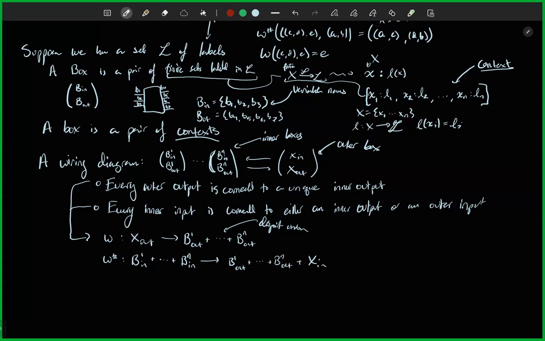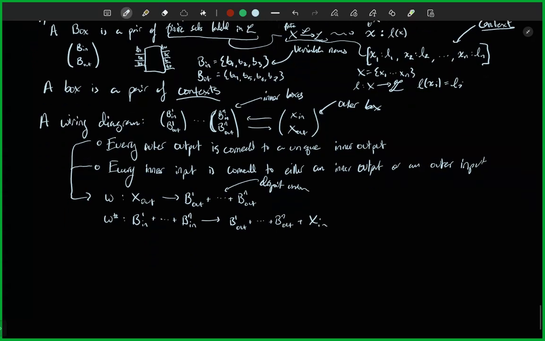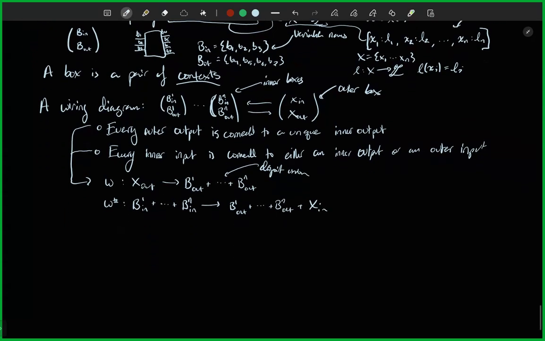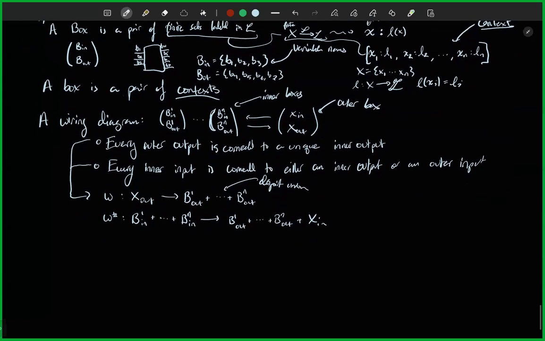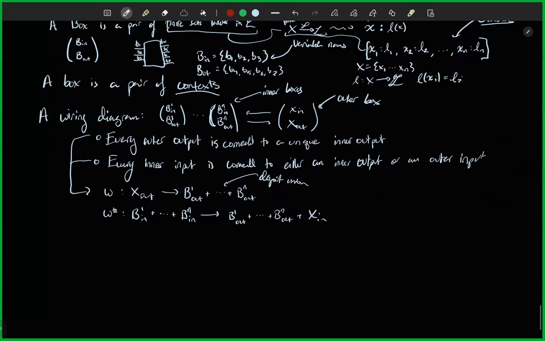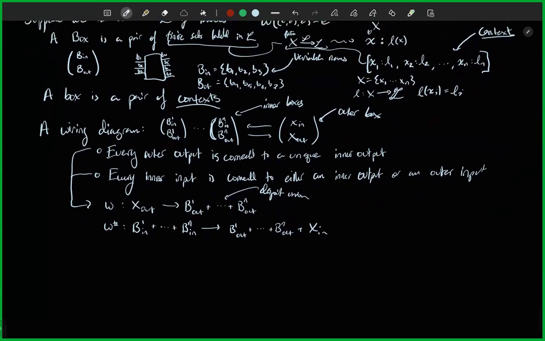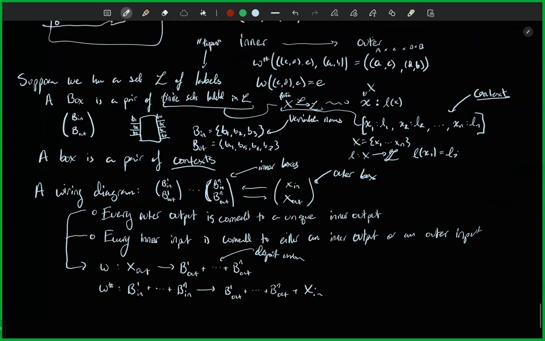That's the combinatorial story. But if we remember that these are supposed to be variables, we get a very interesting thing here. Remember that these were lists of variables. And so what we are saying is that the data here is telling us how we are going to substitute some variables for other variables.